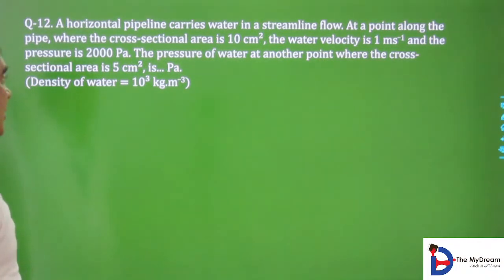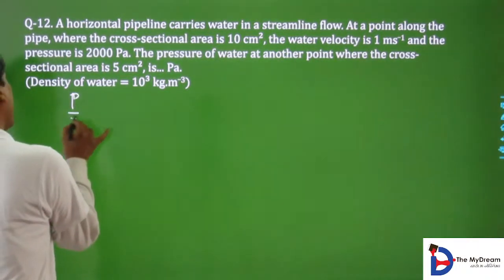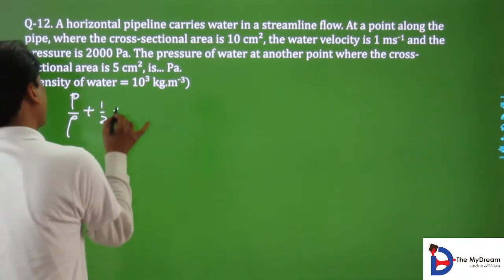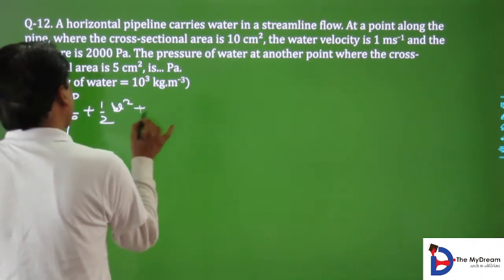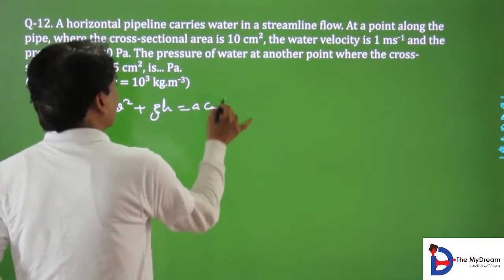Now, a horizontal pipe is given to you, P by rho plus half rho V squared plus gh is equal to a constant.